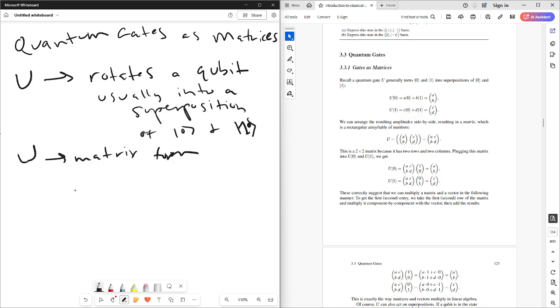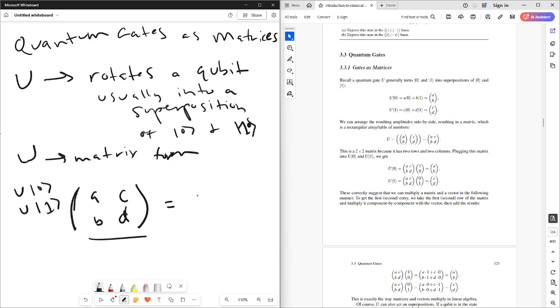We'll take the resulting amplitudes for the effects of U on 0 and the effects of U on 1 and pop them into this form here, with our column vectors all coming together to form a matrix. And now we can use this matrix representation to do things via linear algebra, which simplifies the whole process.